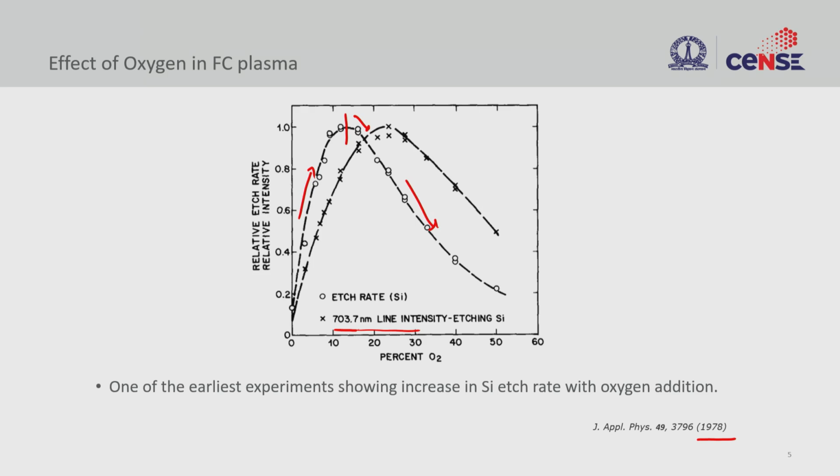The reason for this is you create oxygen radicals which could form an oxide surface on silicon, which will prevent chemical reaction, and also you are diluting your CF4 too much.